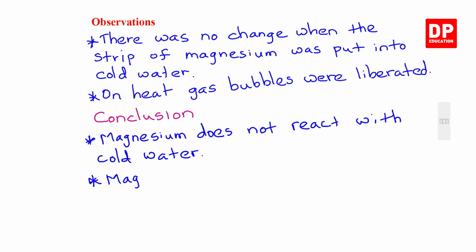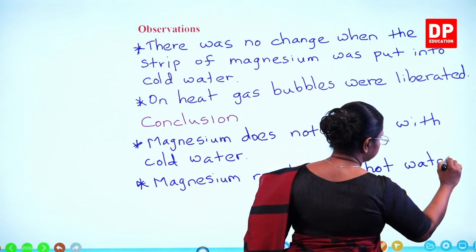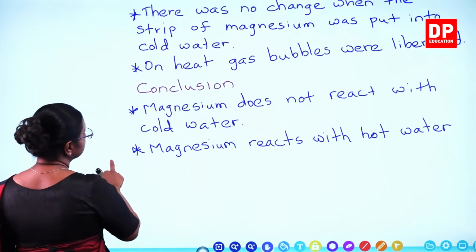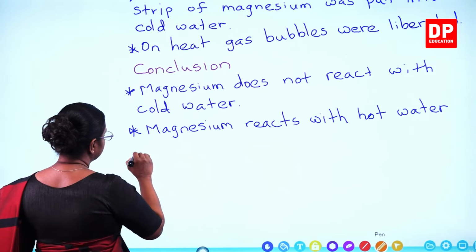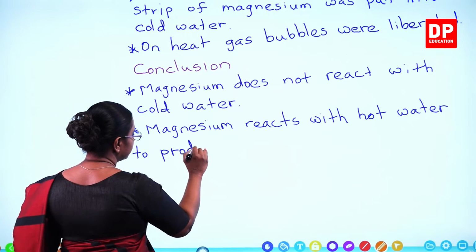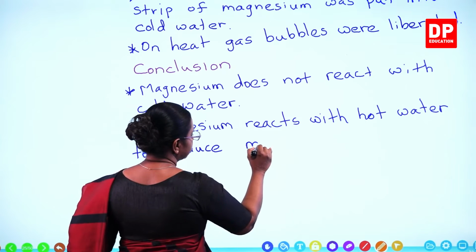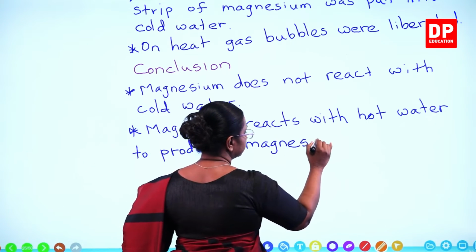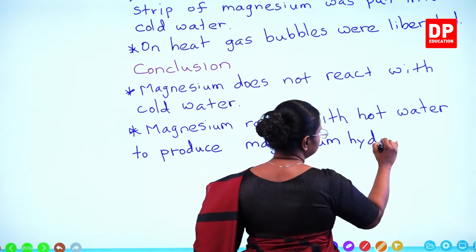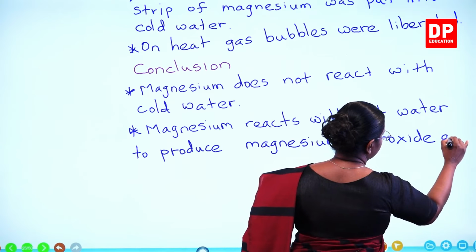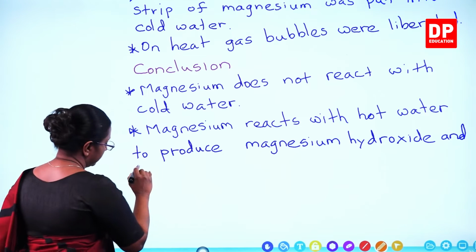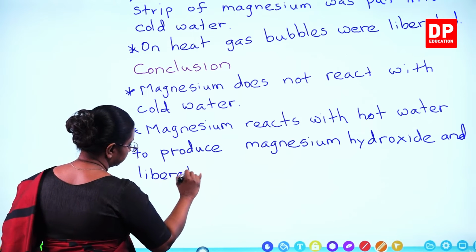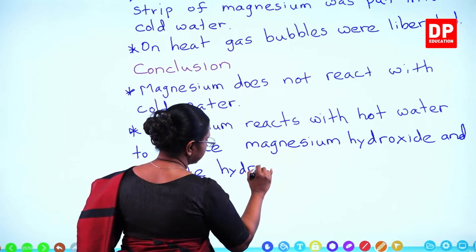Then magnesium reacts with hot water to produce magnesium hydroxide and liberate hydrogen gas.